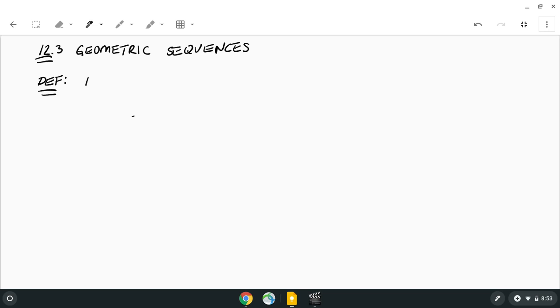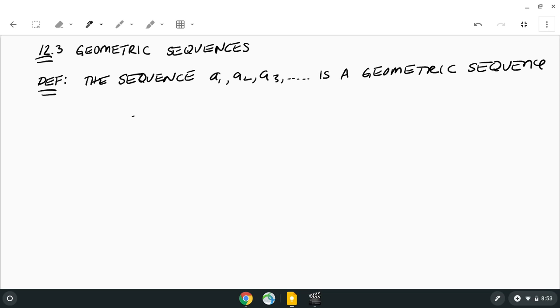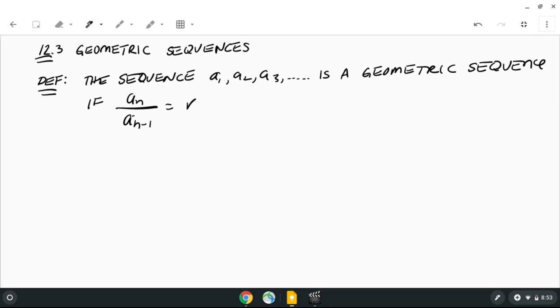The sequence A1, A2, A3 is a geometric sequence if you take any term in the sequence and divide it by the one before it, it equals some constant r, okay? Where r is the constant ratio.